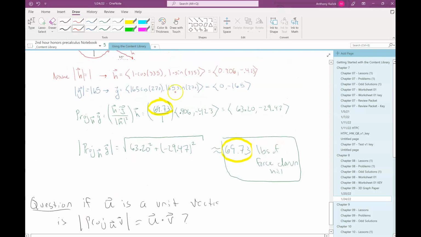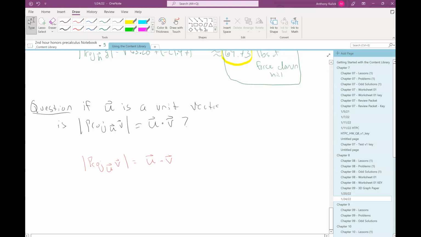If things ended right there at the highlighted section, you didn't have to do any of that extra mumbo jumbo. Okay. So the formula for the projection of U onto V was U dot V divided by the magnitude of U squared times U.